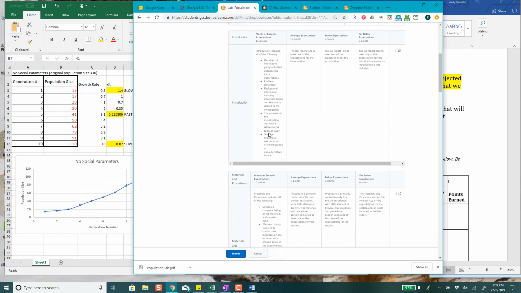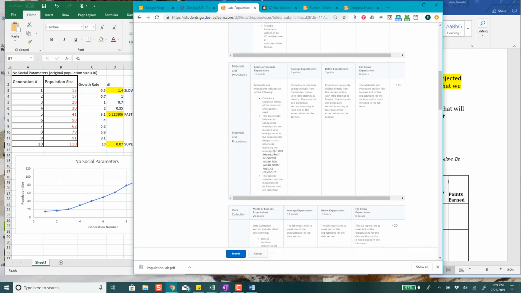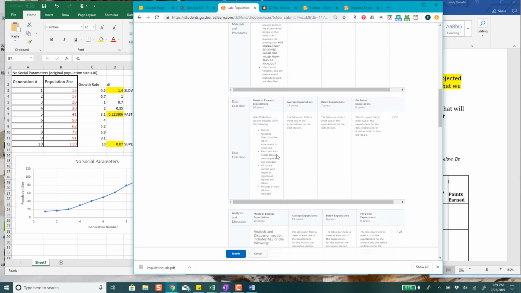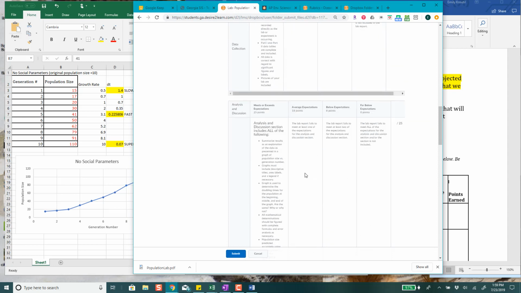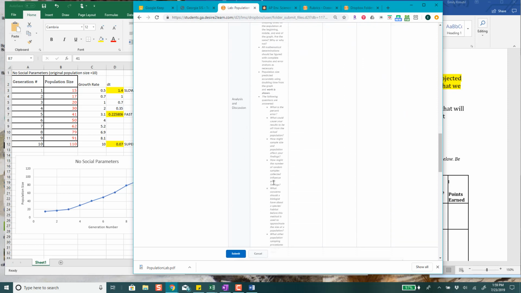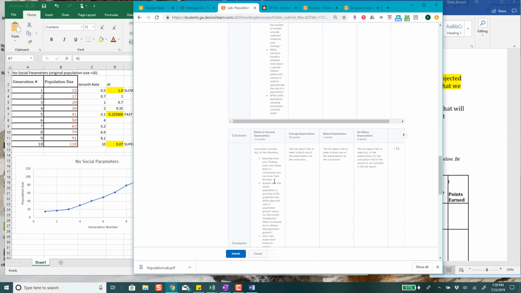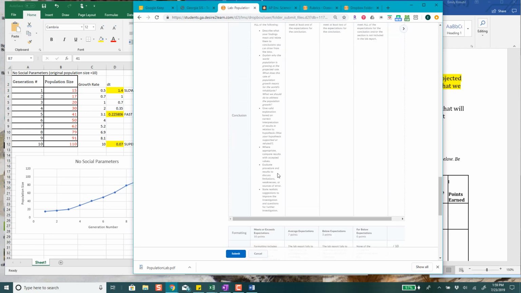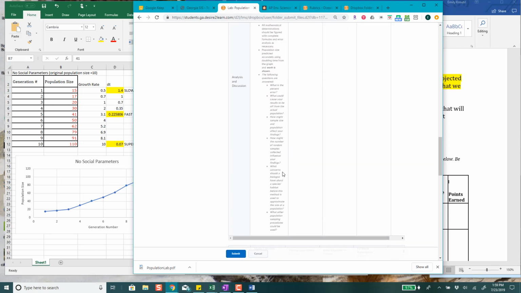This rubric is more specific to this lab. It's saying the data tables are included, the pictures of the lab are included, your graphs are included, all that kind of stuff. So this one is a little more specific to your lab if you want to see exactly what you need.